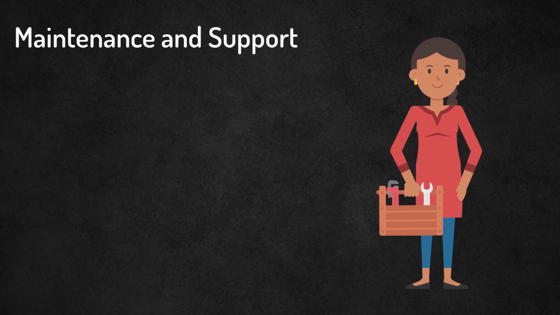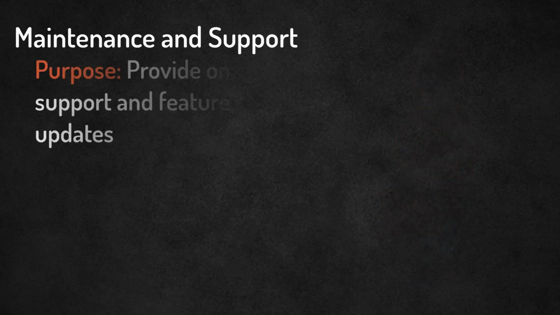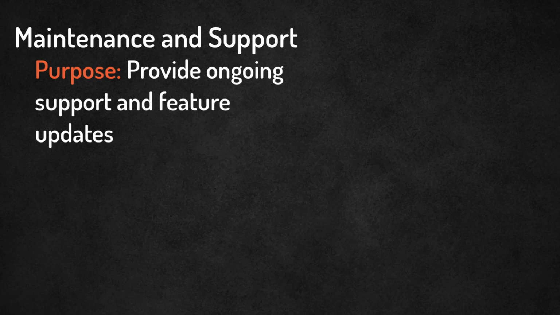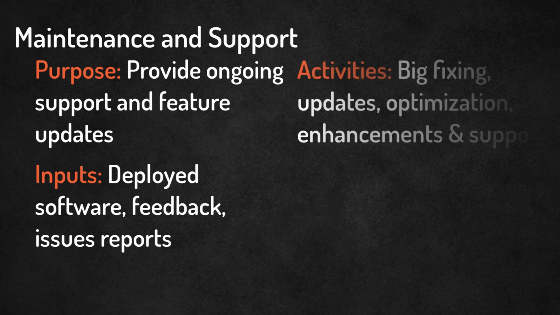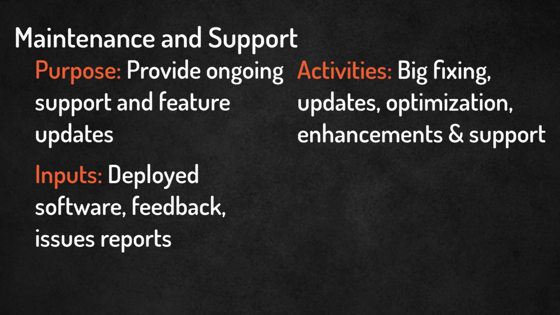We're now into the maintenance phase, with the purpose being to provide ongoing support, fixing issues, and implementing new features or updates. The inputs are going to be the deployed software itself, user feedback, and issue reports, faults perhaps that people are finding. The activities are going to be bug fixing, software updates, performance optimization, feature enhancement, and technical support.